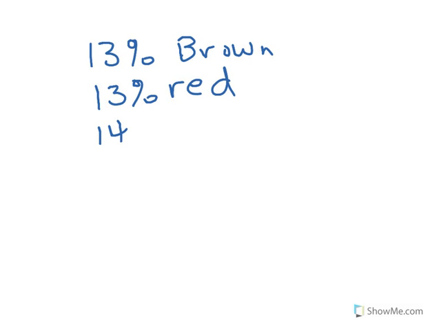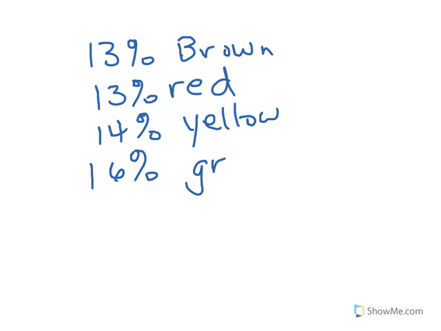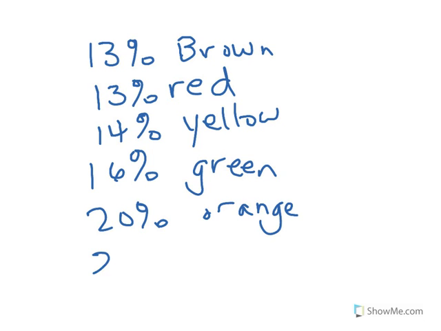They make 14% yellow. 16% are green. 20% is orange. And 24% is blue.